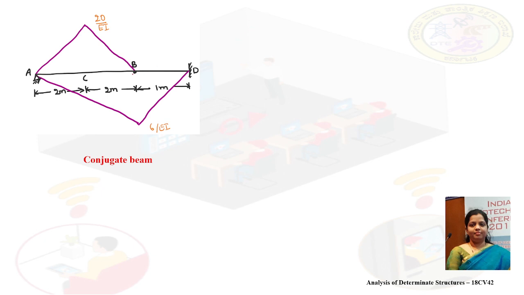So now, in order to calculate the deflection at C, we will take only the portion AB. Again, let us draw the bending moment diagram. This is 20 by EI. This is 6 by EI.